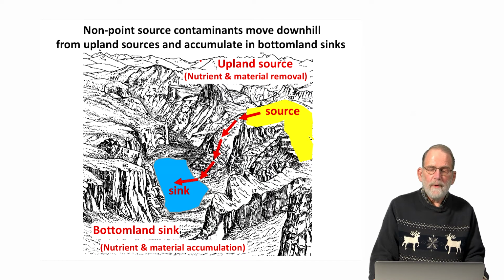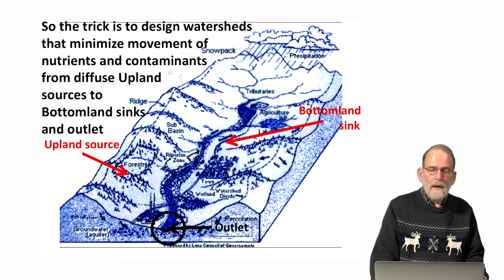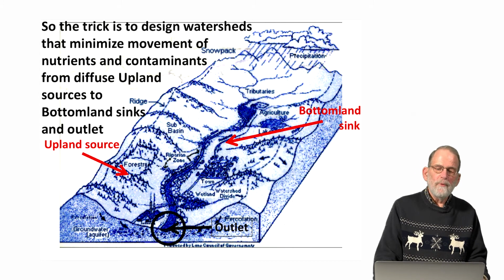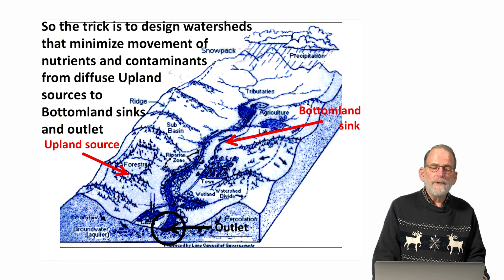So we can talk about sources of contaminants and sinks of contaminants, and we can talk about the transportation of the contaminants from the source area to the sink area. So the trick really is to design watersheds that minimize movement of nutrients and contaminants from diffuse upland sources to bottomland sinks and outlets.